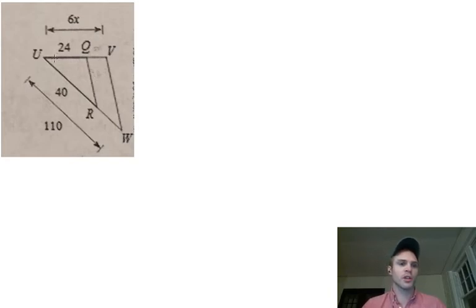Angle U is congruent to angle U, since equality is reflexive, right? And let's see. It doesn't give us an angle measure here or here or here or here.